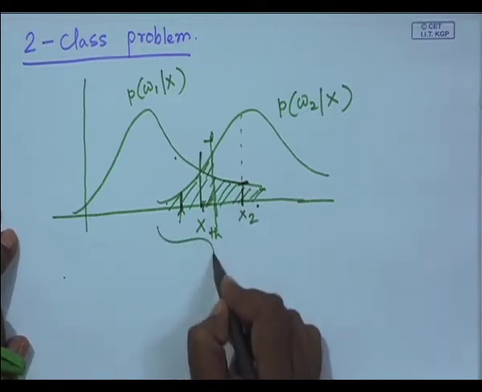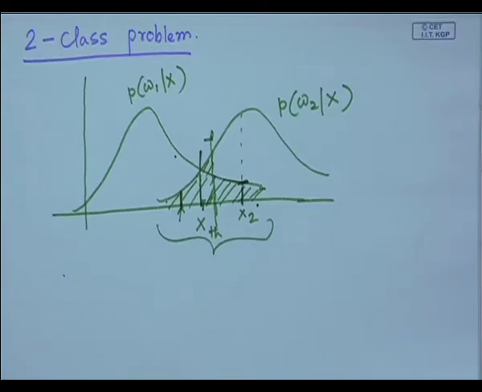So, for all such decision processes, I have one type of error rate which increases, and the other type of error rate which decreases with shifting of my decision boundary.